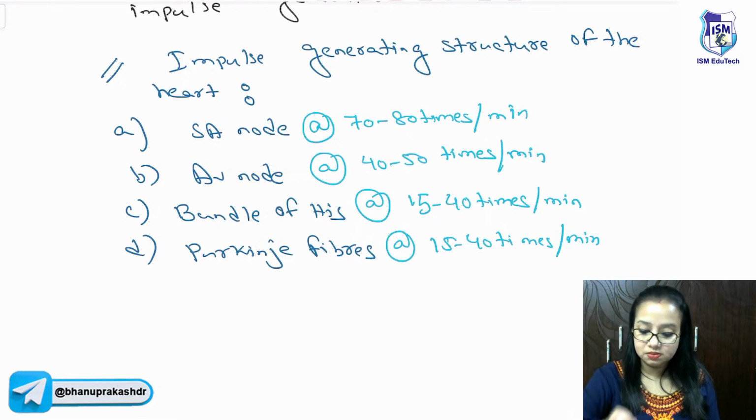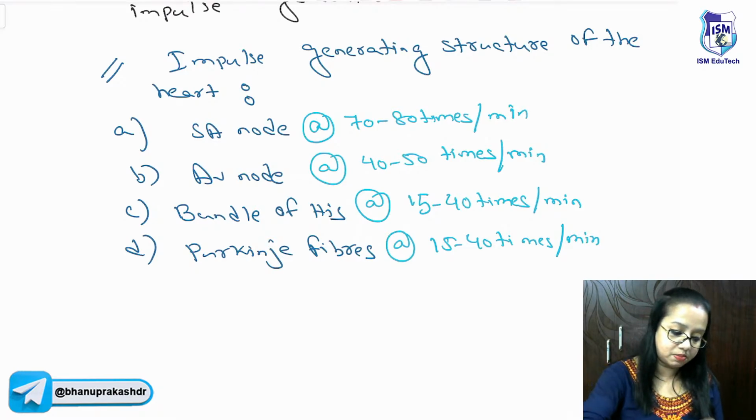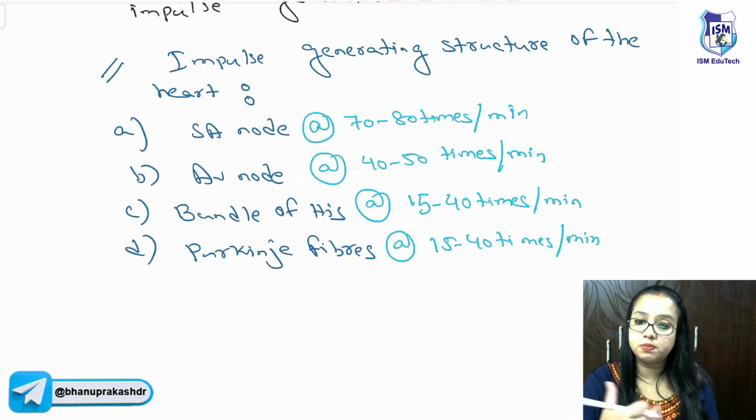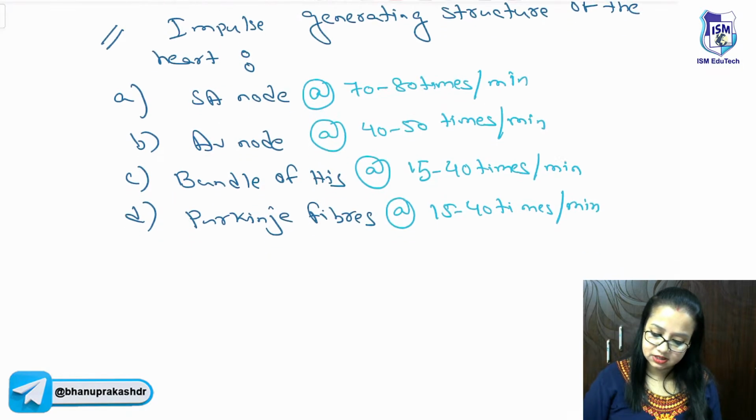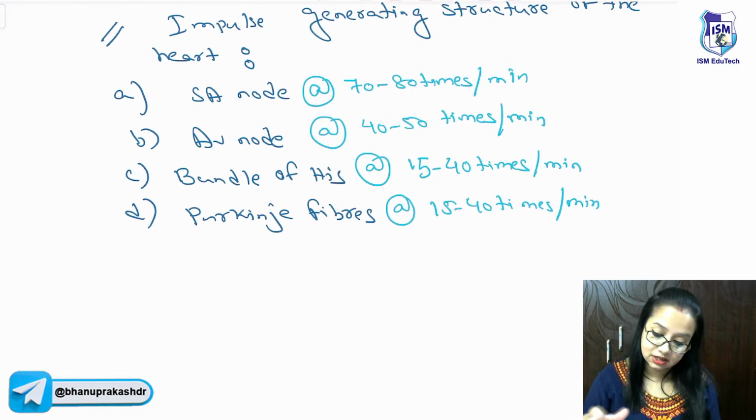Okay. So, it doesn't mean that it's functioning abnormally, because all this depends on a person's stature, body quality, age, height, all these factors. But this is the general rate at which these impulses are generated.